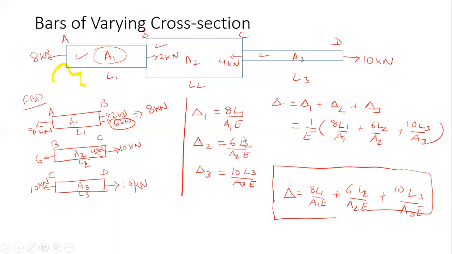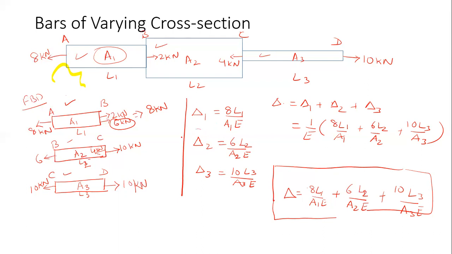So suppose we can see that in these three elements, AB, BC, and CD, the forces acting are tensile. So the deformation of AB, deformation of BC and deformation of CD, all these deformations are positive. That means the length is increasing. But if any one of the deformations is negative, that means the length is decreasing for that particular element, then we will simply put a minus sign on the deformation.